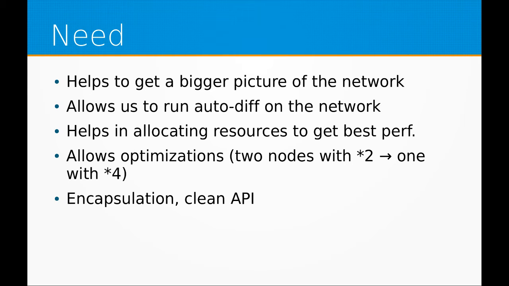And it helps to have encapsulation and a clean API. What I mean by encapsulation is that when you're doing inference or learning, you do it on the entire network. You don't do it on each one of the layers. It doesn't make sense to just expose the different layers and tell the user to figure it out themselves.